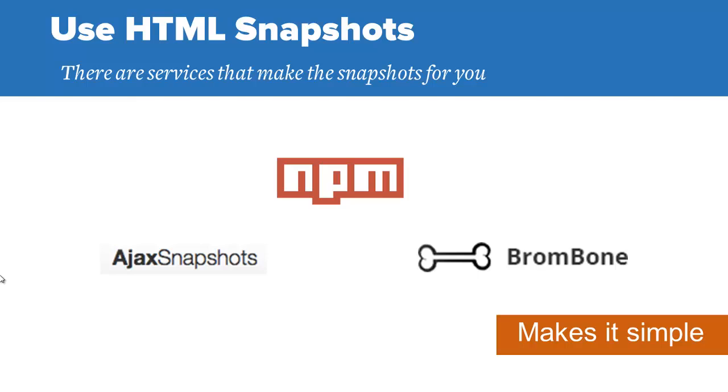They make it really easy, and the cost is pretty minimal for what they give you. What they'll do is crawl your site, create those HTML snapshots, and then you can tie into their system by an API, grab those, and serve them automatically to the search engines. So it makes it much easier to give those search engines an HTML version of your site.